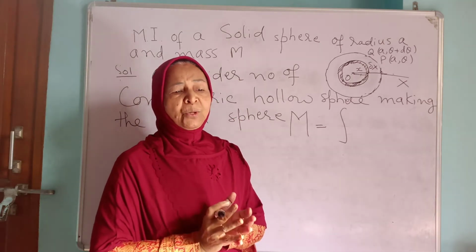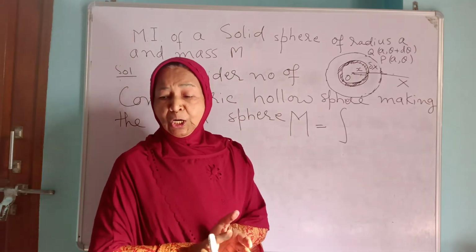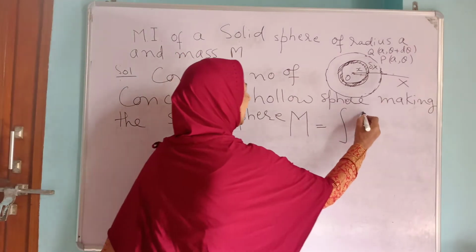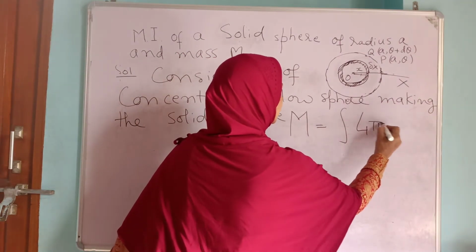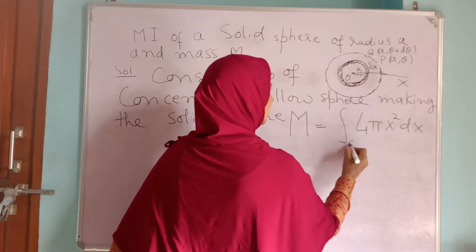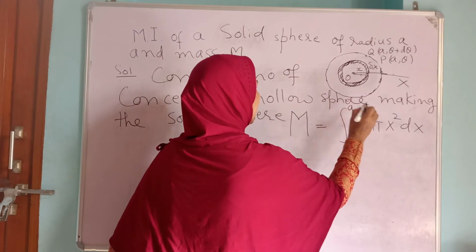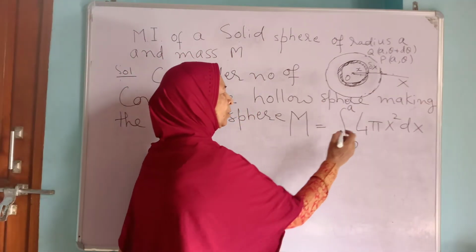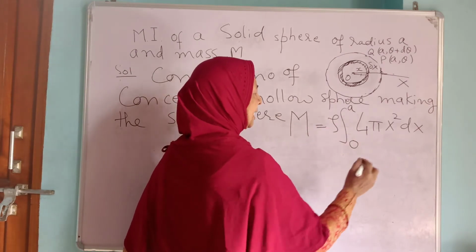So you have to consider volume. So what will be the volume? 4 pi x square dx within the limits 0 to a. Why? Because x varies from 0 to a, multiplied by density.